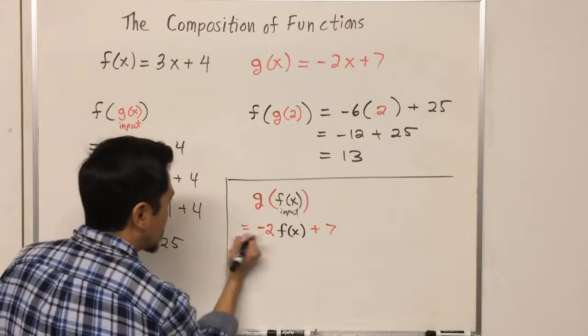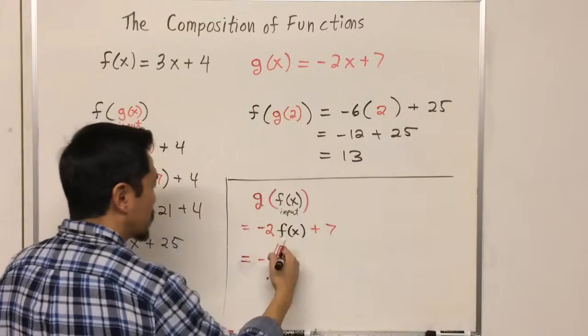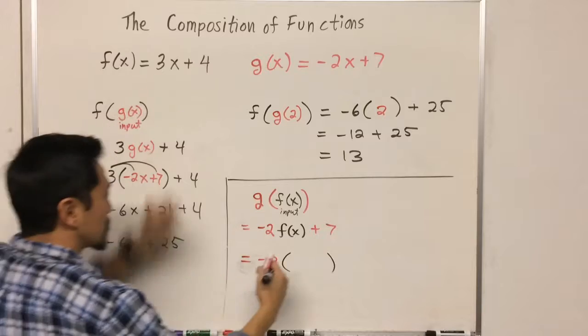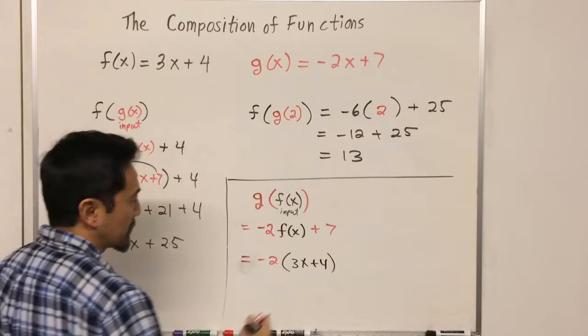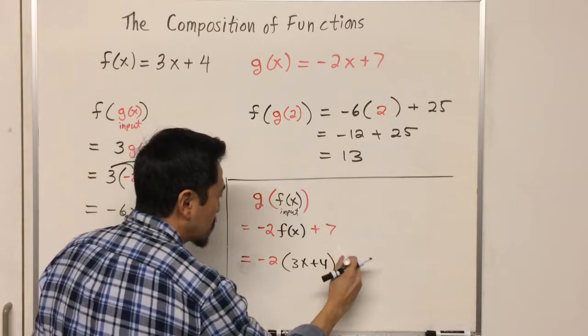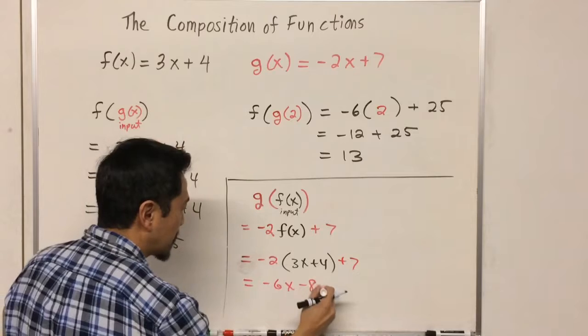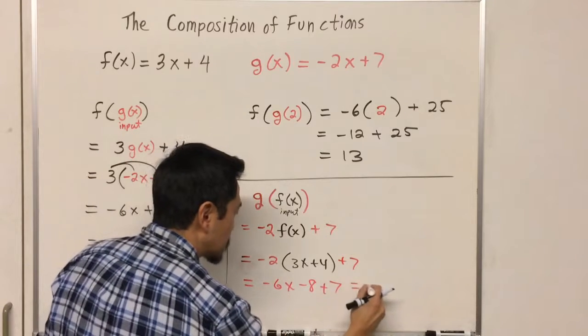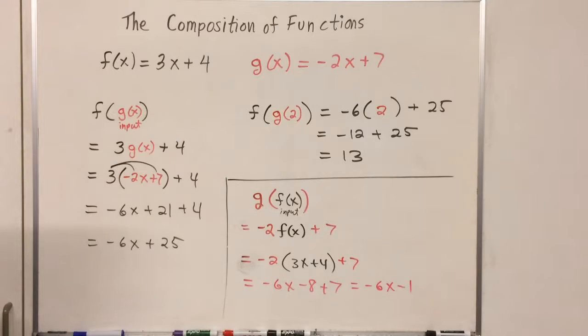So now, keep doing that. The function f is this polynomial expression here, 3x plus 4, then add that with 7, and we get negative 6x minus 8 plus 7, which gives us negative 6x minus 1.